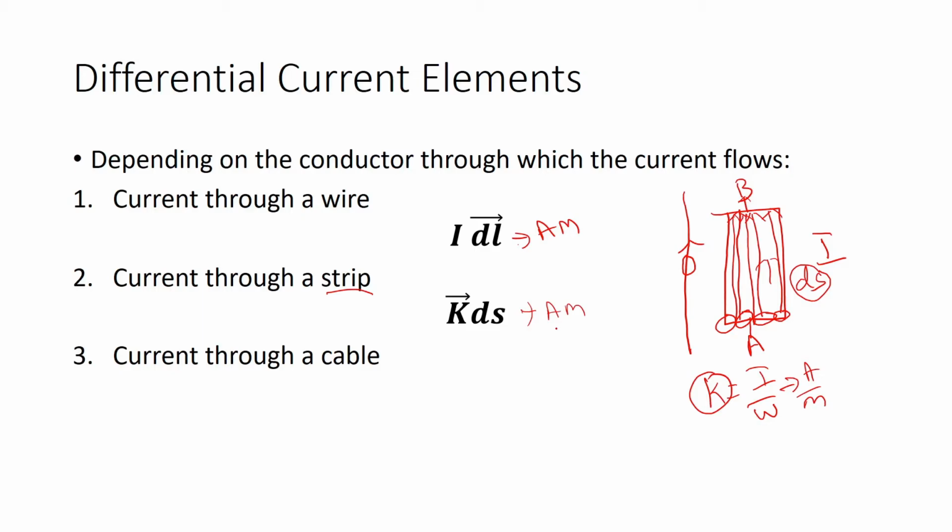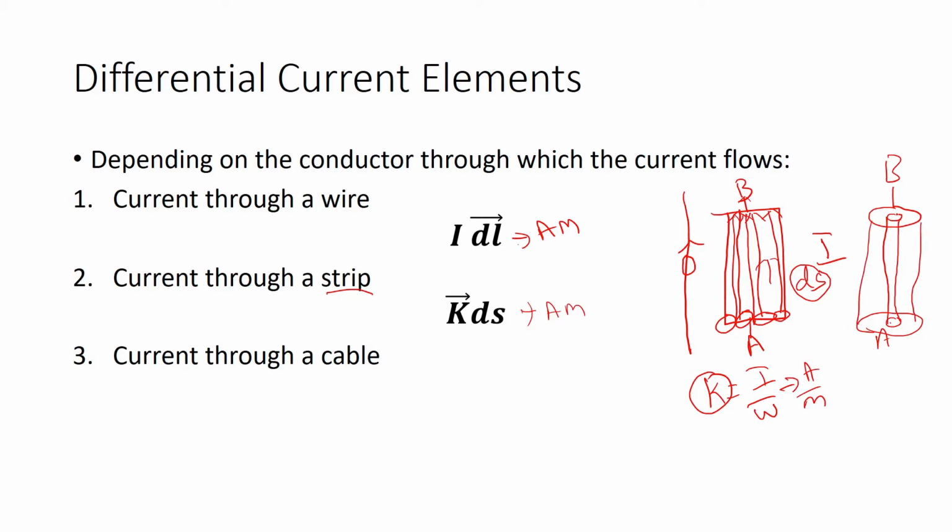Again, this is a more common conductor type, that is current through a cable. Again, if you are connecting a conductor from A to B, but now instead of a strip or a wire, you are using a cable. You know that a cable is a three-dimensional entity where the inner layer carries current and the outer layer doesn't, right?